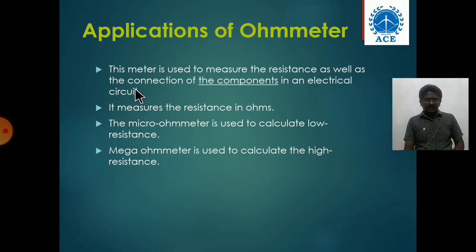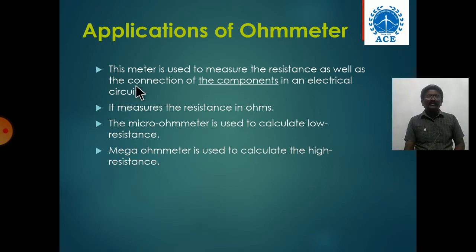When terminals are open, unknown resistance Rx equal to infinity, I is maximum. So in that case you can observe position of the pointer marked on the right side of the dial. So this is the procedure to understand calibration of shunt type of ohmmeter.